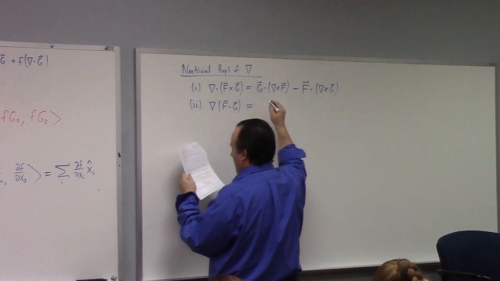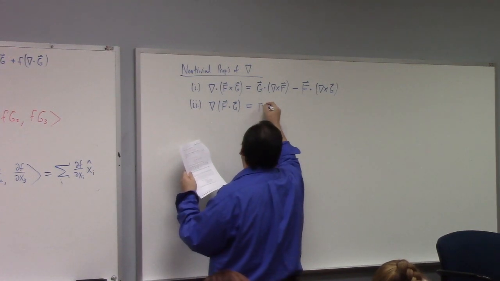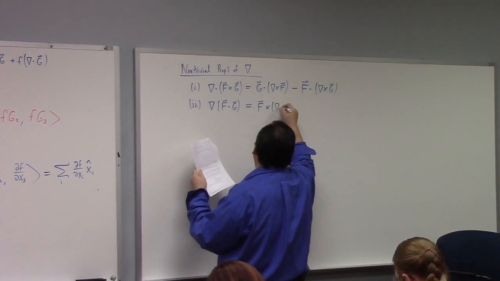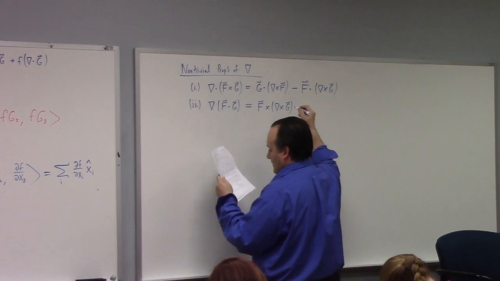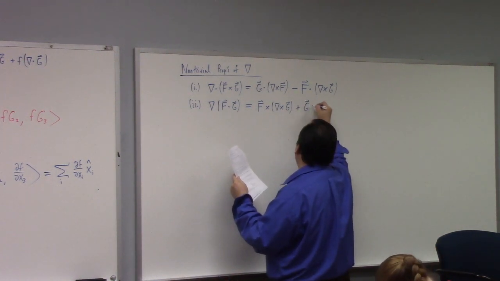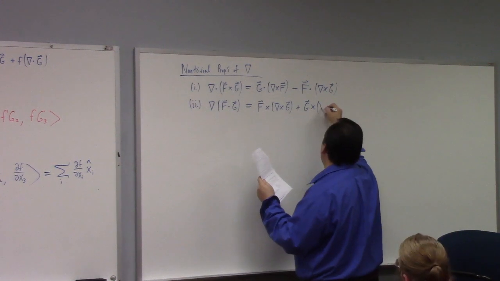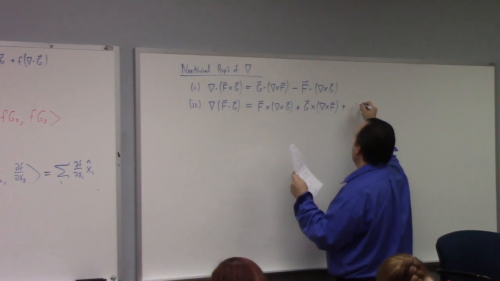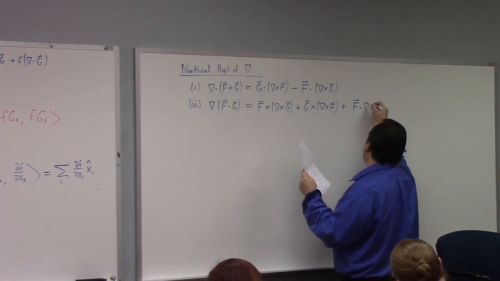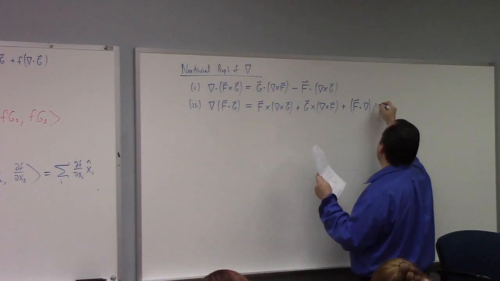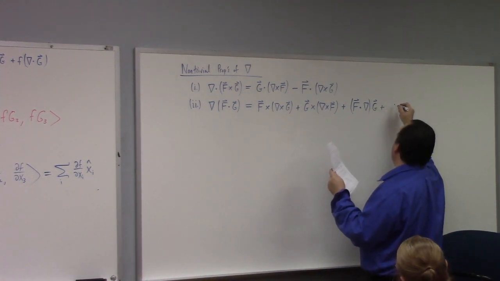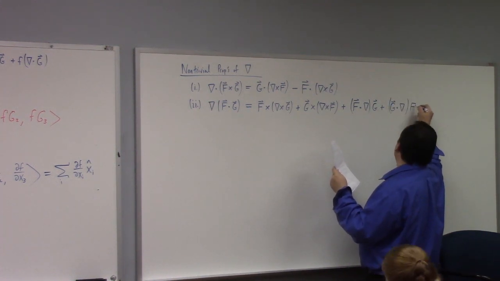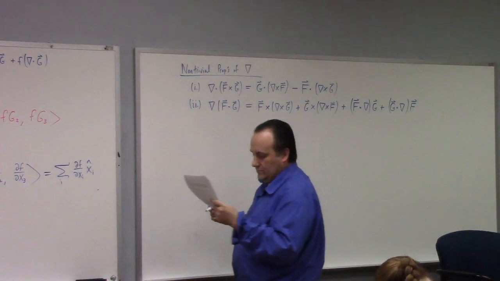It turns out, whoa, goodness gracious, it's the cross product of the curl of f with g, plus the cross product of g with the curl of f, plus, look at this one, f dot del acting on g, plus g dot del acting on f. Yep.